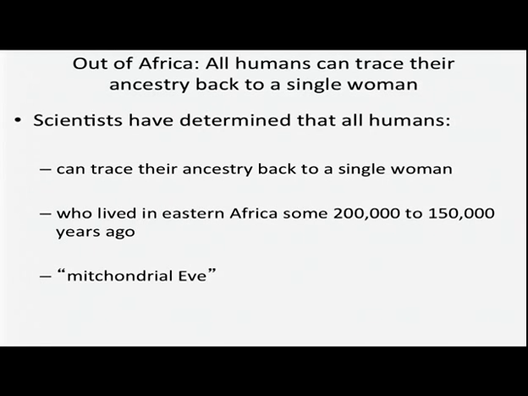Okay. We call her Mitochondrial Eve because we can track DNA from mother to offspring by the specific type of DNA that's in one of the organelles that we'll talk about later. You guys don't really have to know. But you only get that DNA from your mom. You almost never get any of that DNA from your dad. So your general genome DNA, half is mom, half is dad.